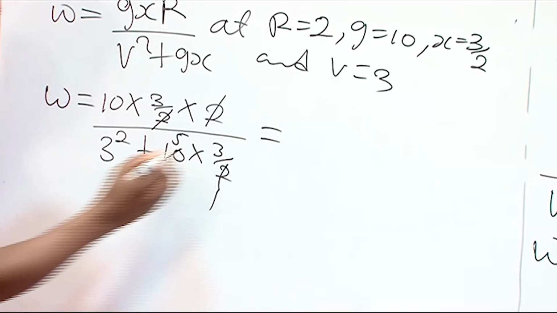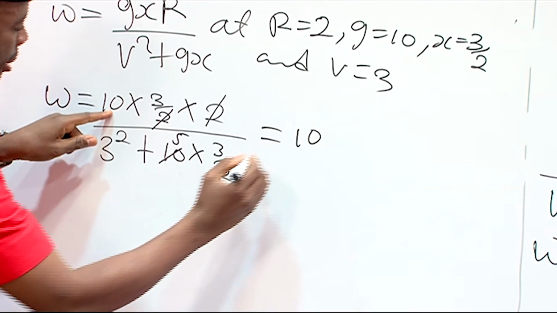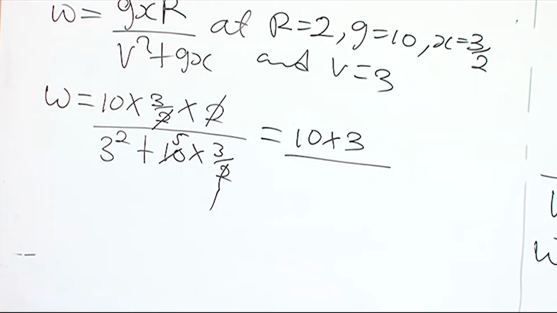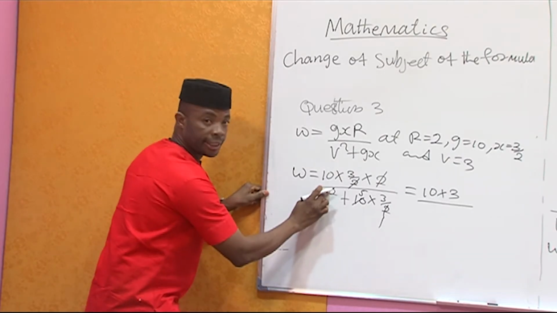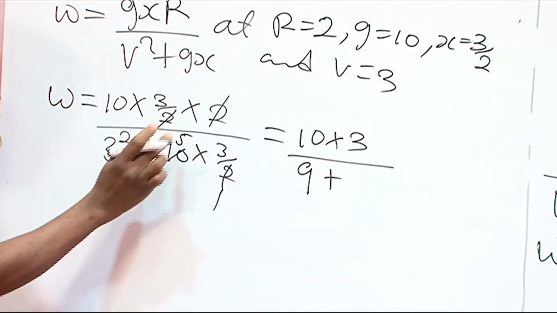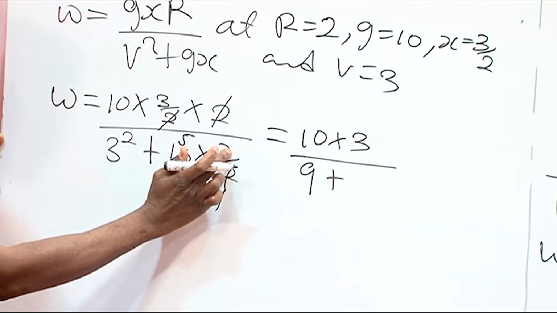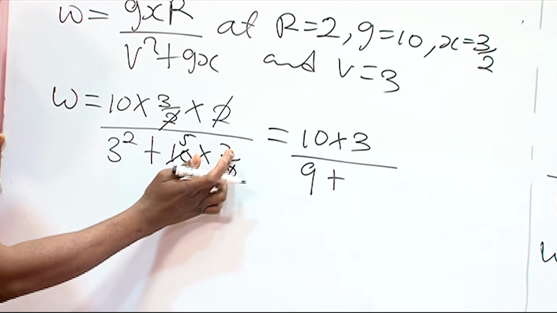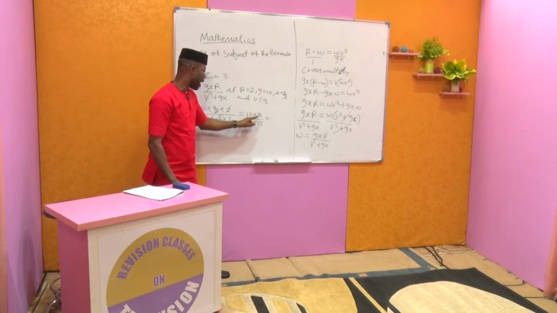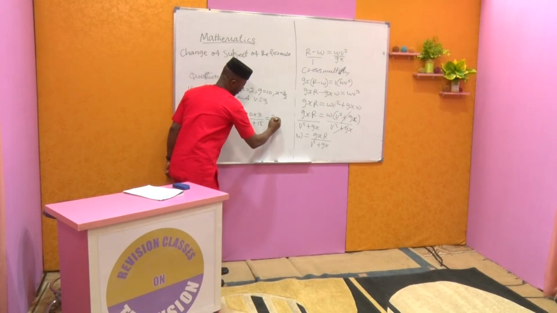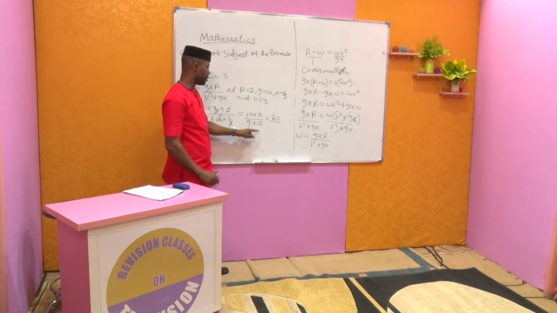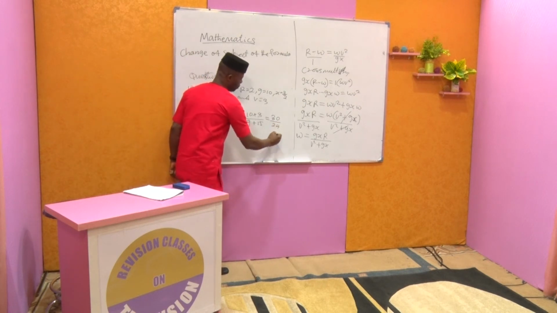So what we have is 10 times 3, then 3 squared is 9 plus 5 times 3 is 15. So 10 times 3 is 30. So 9 plus 15 is 24.